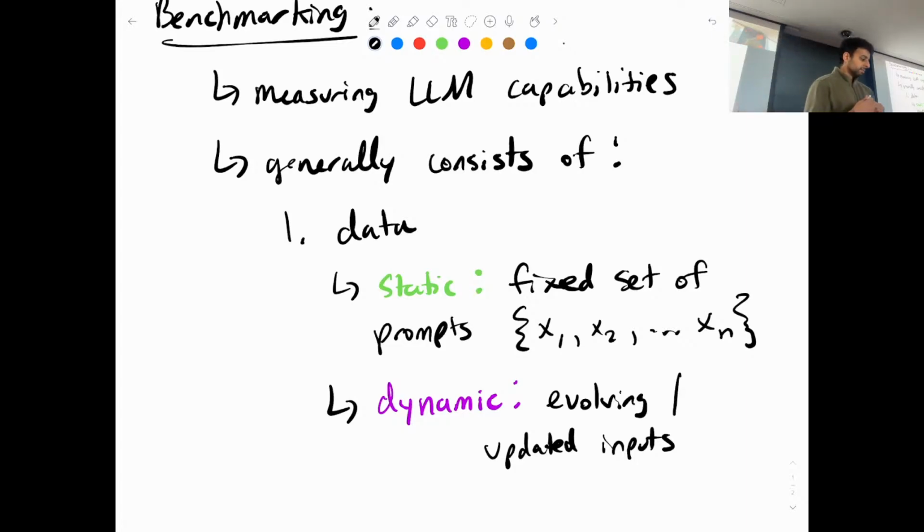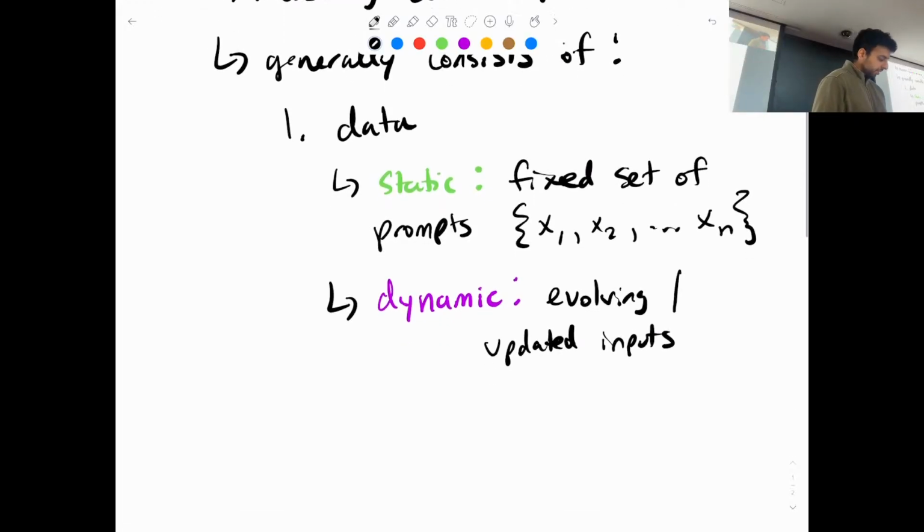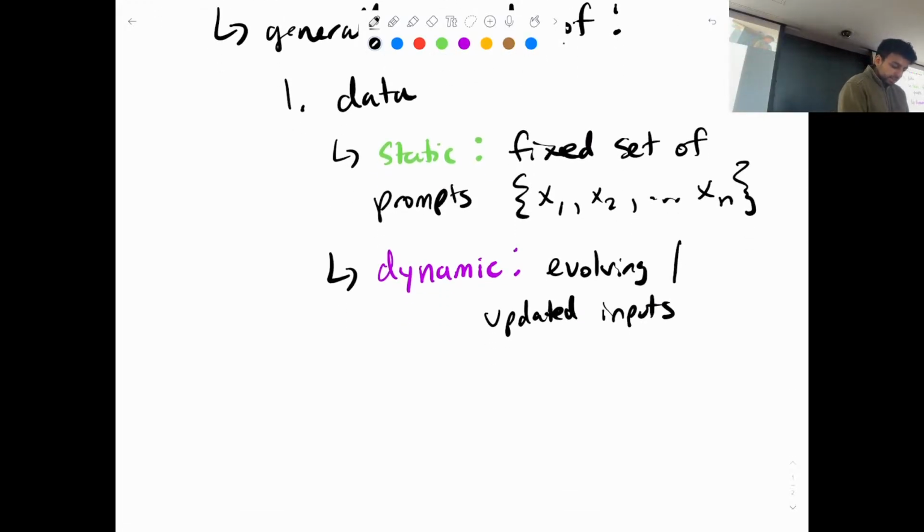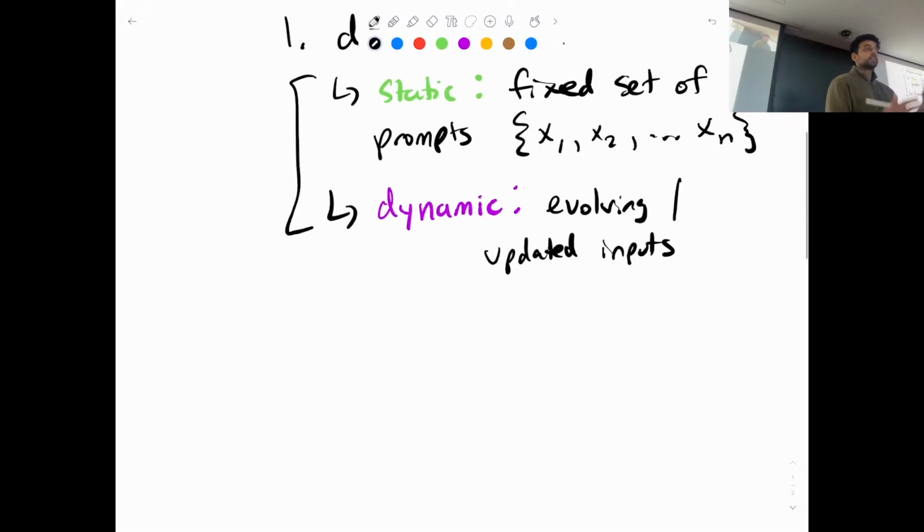Here we see different kinds of measures of how good a model is based on, in principle, how often a response by model X would be preferred over a response by model Y. Okay, so this is one distinction in benchmarks that we'll see, static versus dynamic.